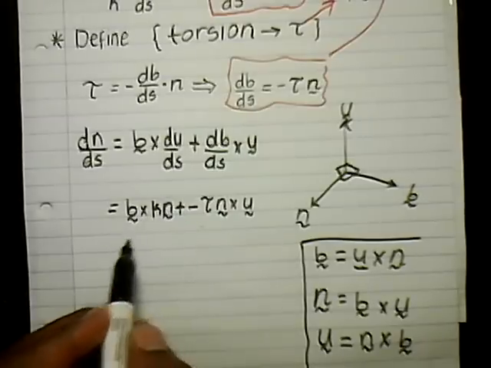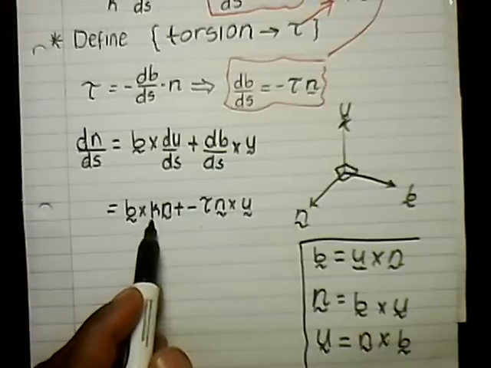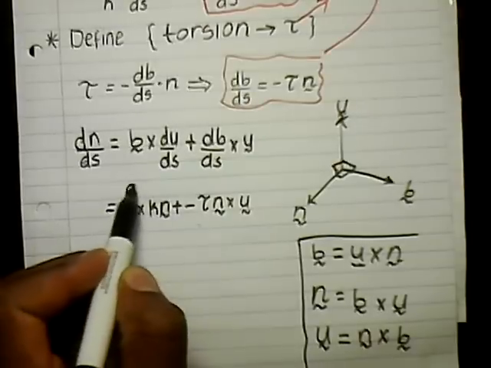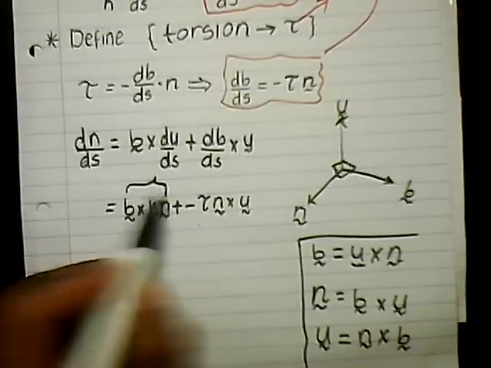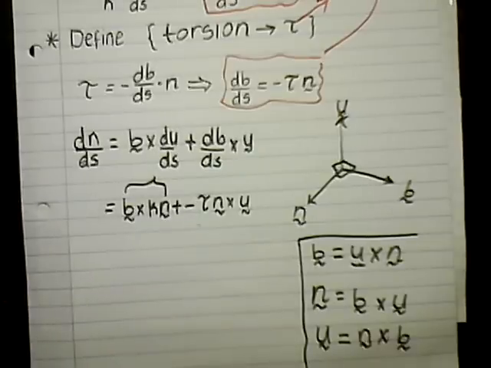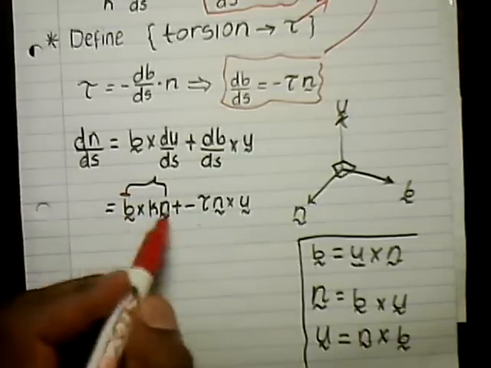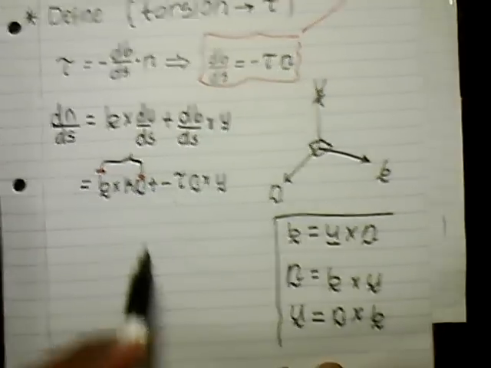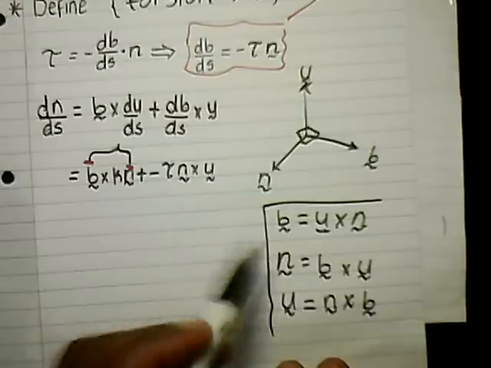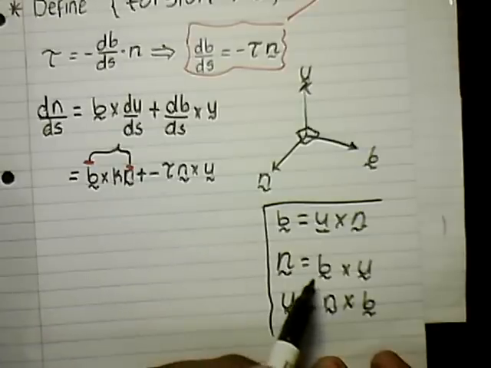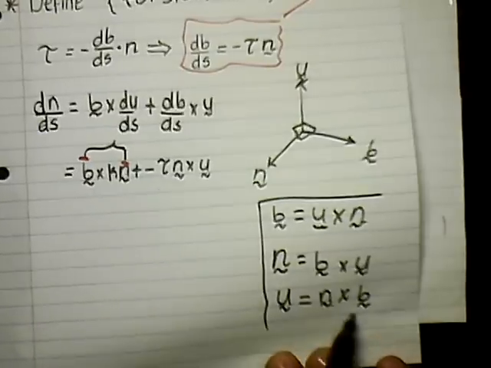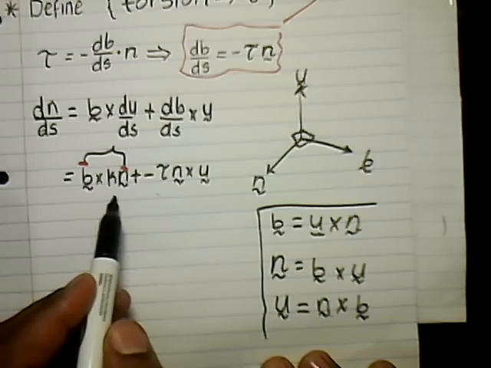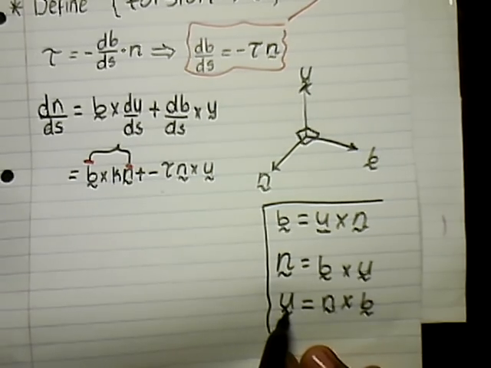So when we check the order of this cross product, considering b and n here, we are aware that in this formula we have n cross b, not b cross n, meaning that this will have to be negative u.